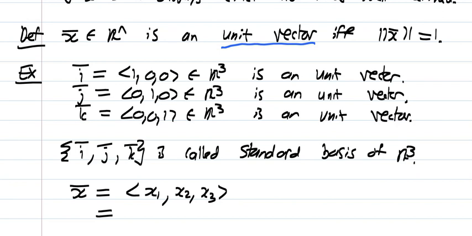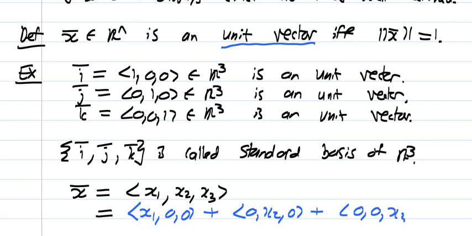And you might ask why. So here is a reason why. If you take vector x, and as always, we use convention with components x1, x2, x3. So if x is a 3D vector, it has 3 components, and we give them names, x1, x2, x3. Now, we know by vector addition, we can rewrite this as this vector plus this vector plus this vector, because of the way vector addition works.